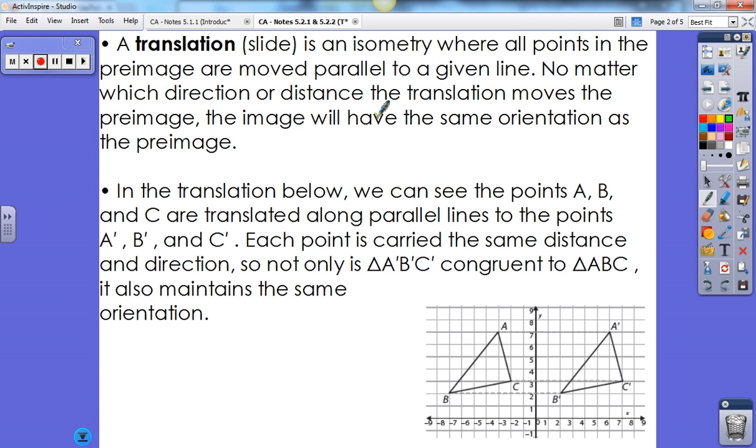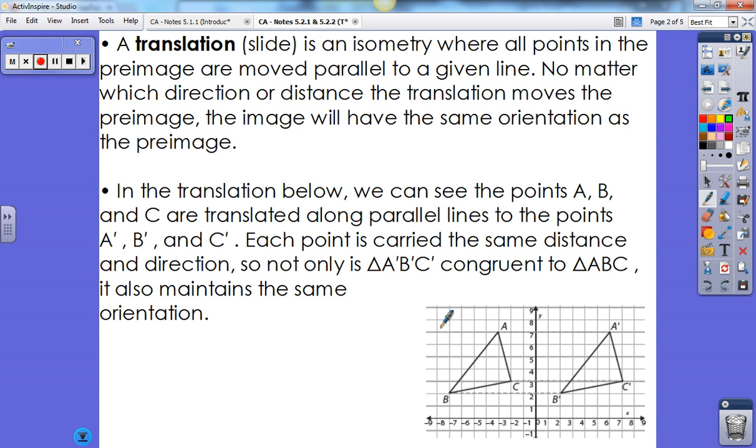It's going to have the same orientation in a translation, meaning the letters are going to be in the same order. It's going to be tilted the same way. It's not rotating, which would change its orientation. It's just sliding. It's a rigid movement: right, left, up, down.